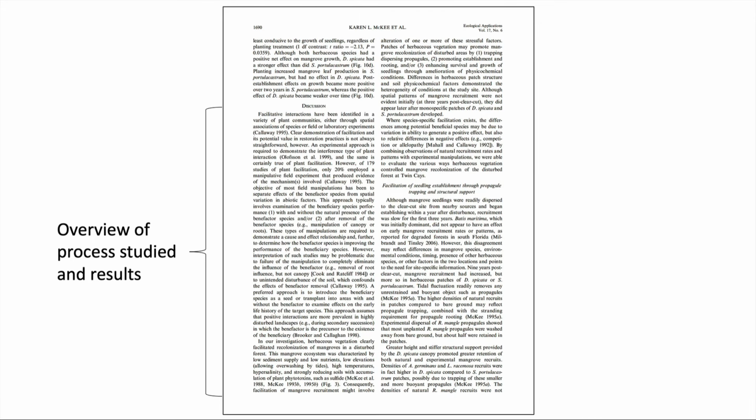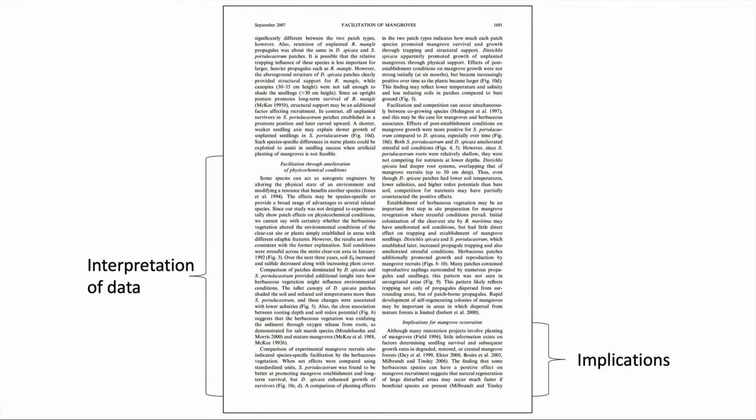In the example paper, we oriented the reader by briefly describing the process studied and the main finding. The middle of the discussion interpreted the results in terms of 3 mechanisms which are listed in the subheadings. The last part of the discussion focused on the implications of our findings for restoration projects.